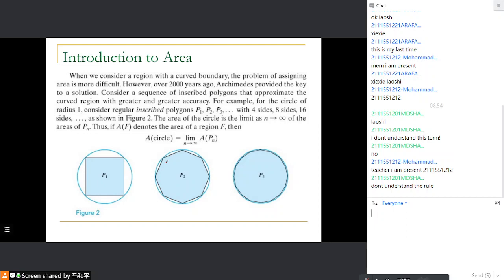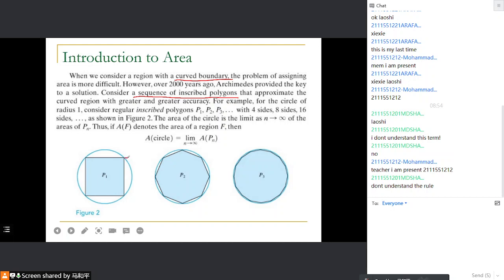Last time we introduced how to calculate the area of a region with a curved boundary, right? For example, this is a circle. How to calculate the area? We can consider a sequence of inscribed polygons that approximate the curved region.